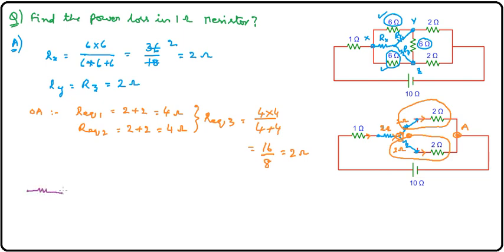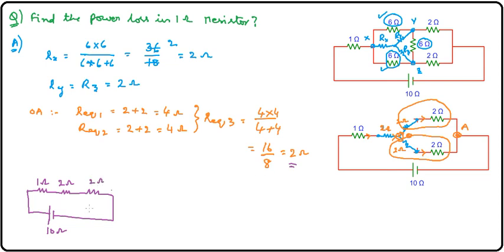1 ohm, 2 ohm, and the resultant R equivalent 3, and this is fed by my 10 volt source. So this is 10, this is 1 ohm, this is 2 ohm, and R equivalent 3 is 2 ohm here.